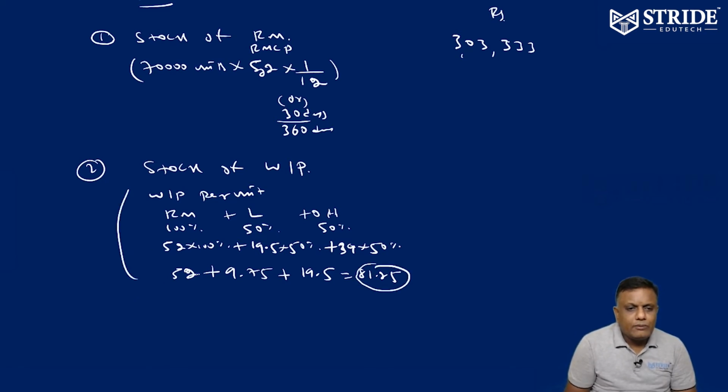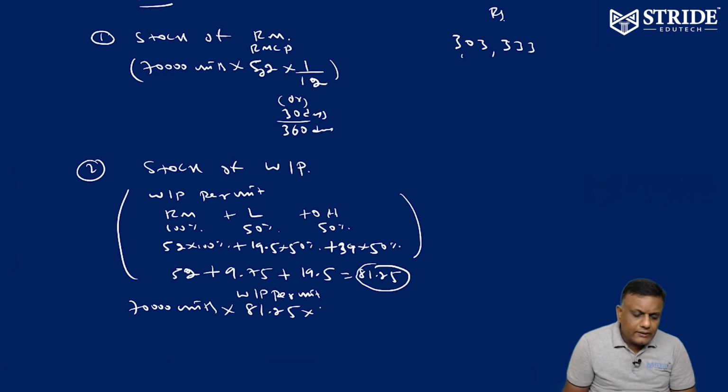Now this is the WIP calculation. For 70,000 units, you have to calculate 70,000 units into 81.25 WIP per unit. WIP is equivalent to work in process of half a month, therefore 0.5 by 12.